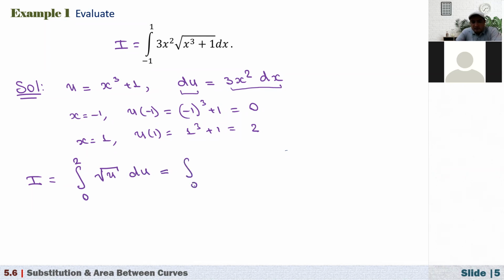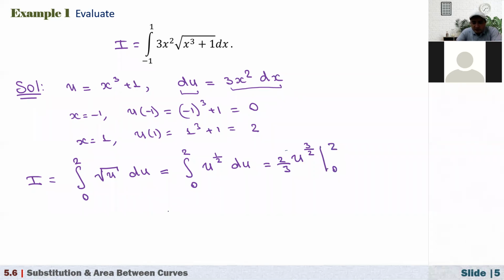That's equal to the integral from 0 to 2 of u to the power of 1/2 du, which is equal to u to the power of 1/2 plus 1, that is 3/2. Now here we have 2/3, from 0 to 2. When u is equal to 0, that's equal to 0.